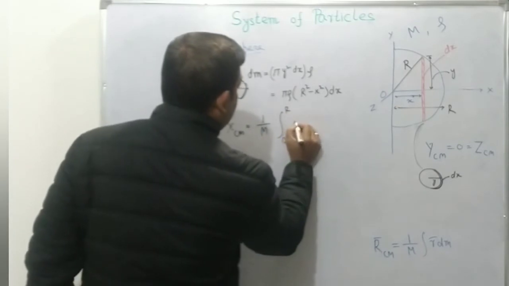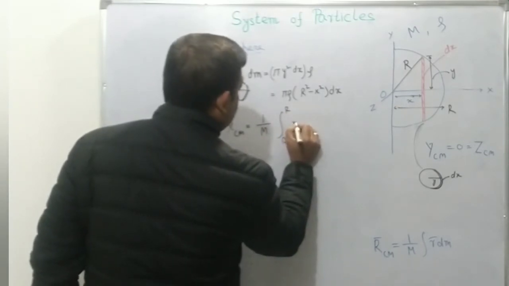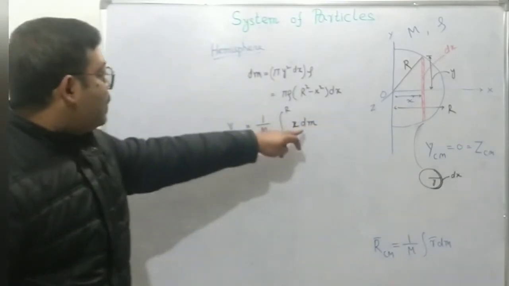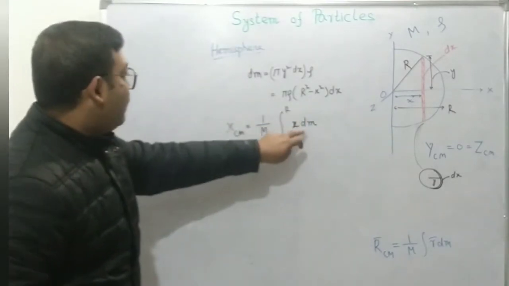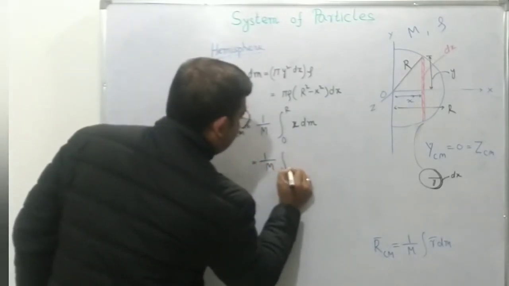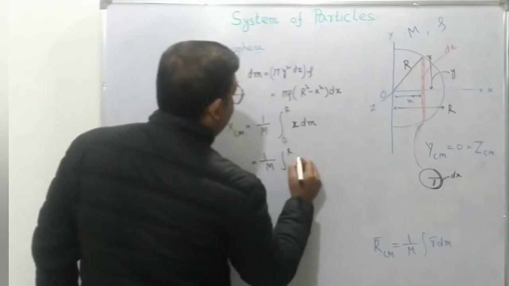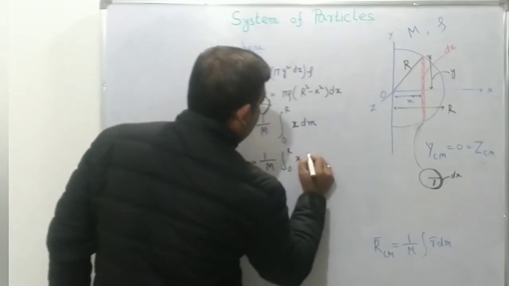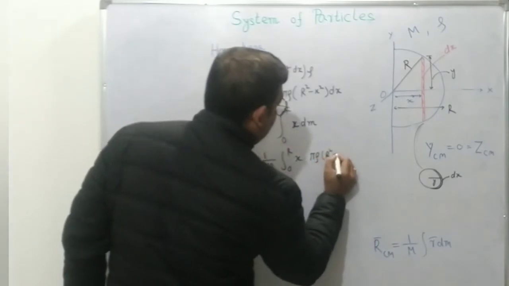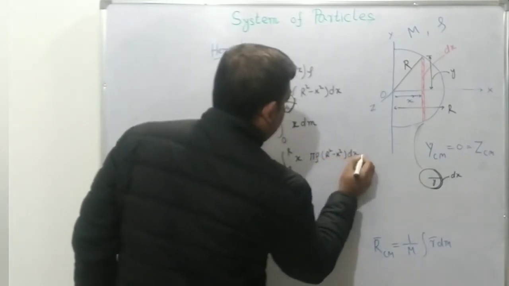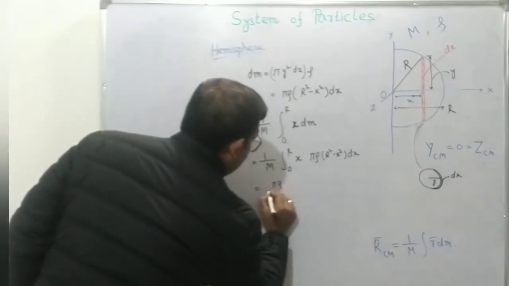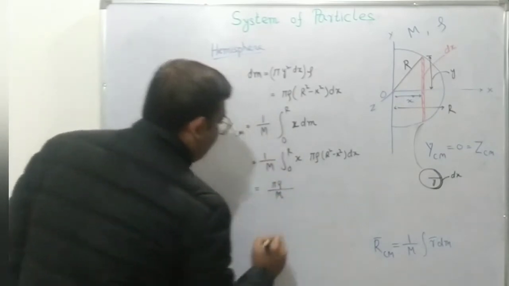What do we have to integrate? x into dm. If we substitute the value of dm here in this equation, we will have 1 by m integration 0 to r, x, and then we have pi rho r square minus x square dx, or we can rewrite this as pi into rho by m for the time being.